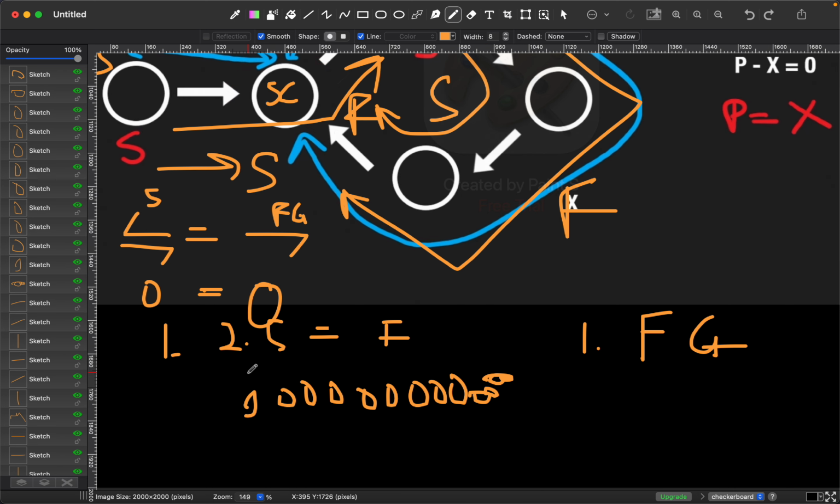So your F obviously is going to finish within half the time of S, and maybe say this is another cycle.